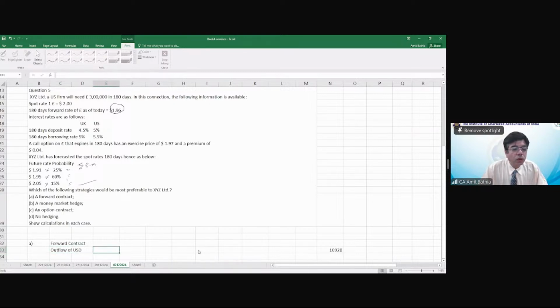How much will be the outflow? I need essentially 300,000 GBP, which I am going to book at 1.96 forward rate, right? So that will mean my outflow is going to be USD 588,000, right? So this is my first option.